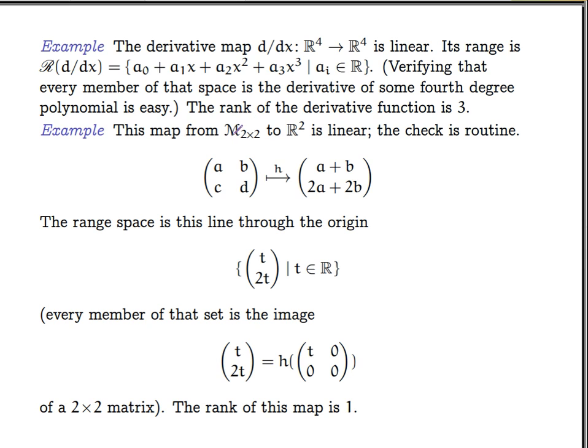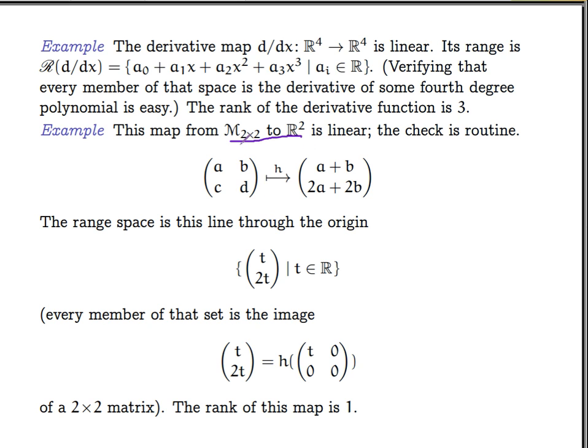All right. If I map this mapping from the 2x2 matrices to R2, I'm adding the rows together and getting a two-dimensional vector from a 2x2 matrix. And suppose I take the range space. Let's see.